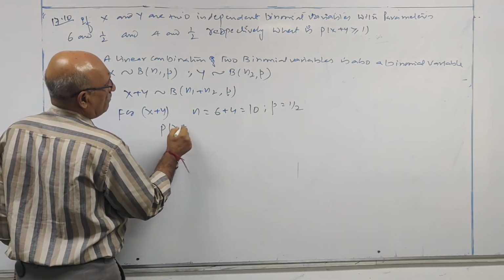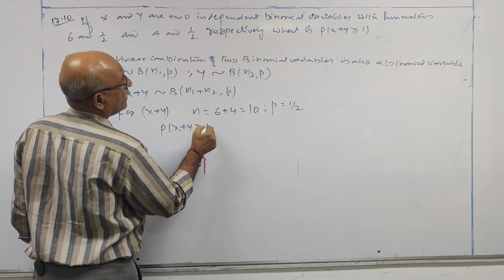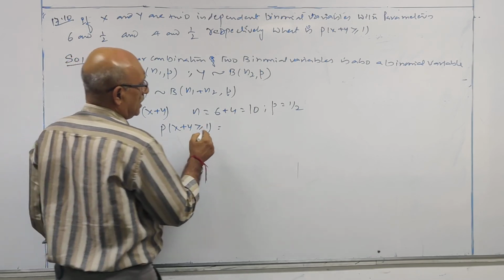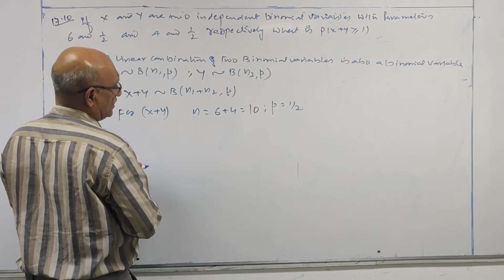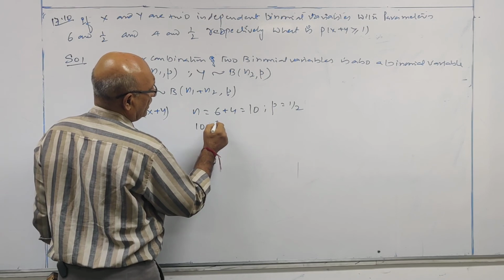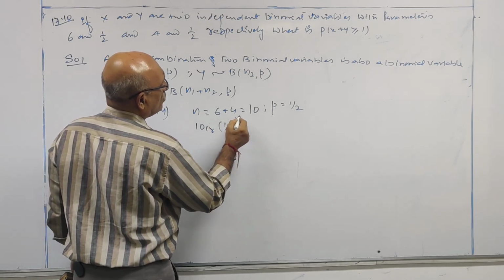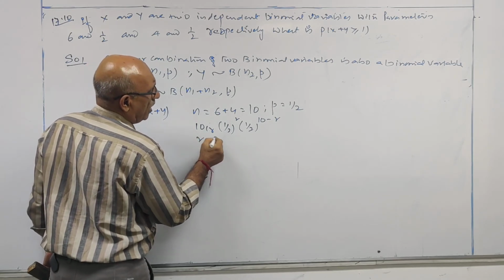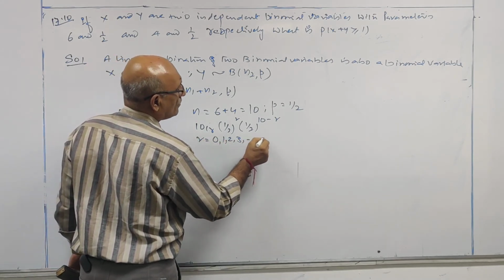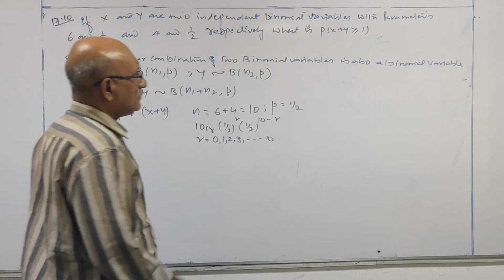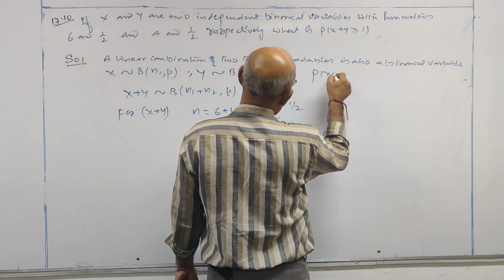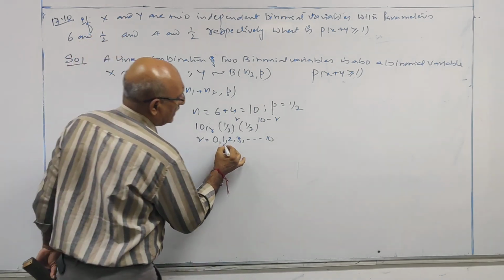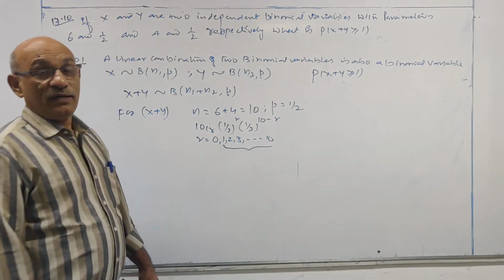So probability of x plus y greater than or equal to 1. For this, let me write binomial distribution first. nCr 1 by 2 to the power of r, 1 by 2 to the power 10 minus r. r is taking the values up to 10. Greater than or equal to 1, how many calculations do I have to do? 1 to 10, 10 calculations.